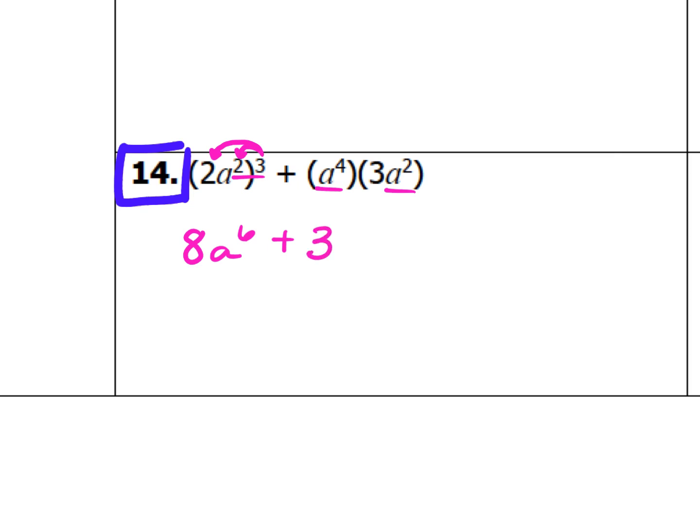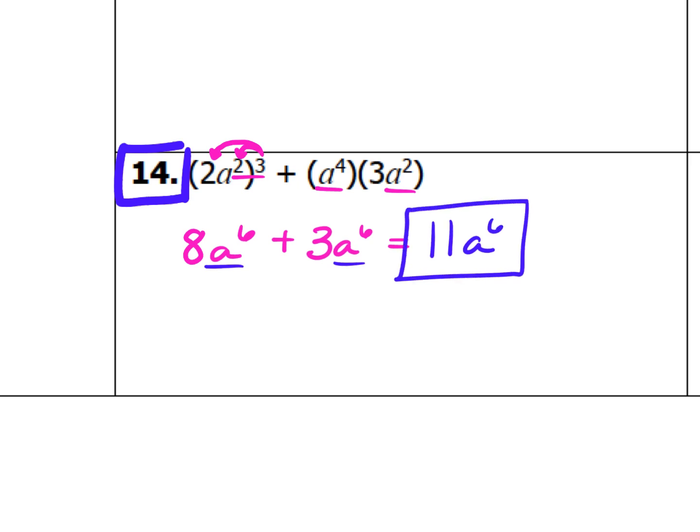So 3 times A to the 6th power. What do you do when you add with those variables? What does this become? 11A to the 6th. Yes, 11, but these are like terms. Keep those like terms. So that would be 11 A to the 6th. Okay?